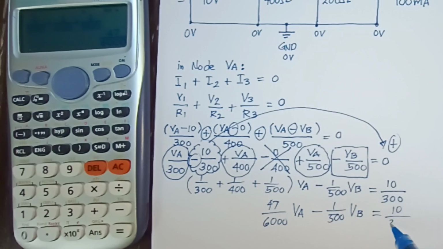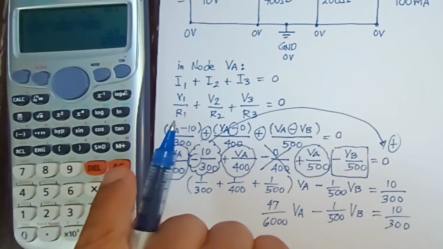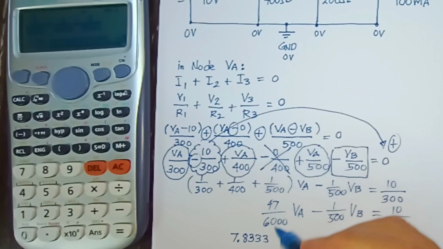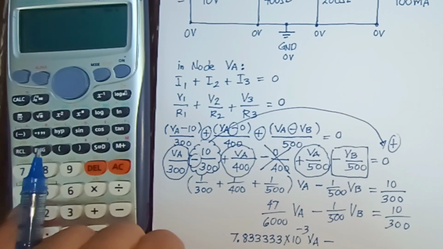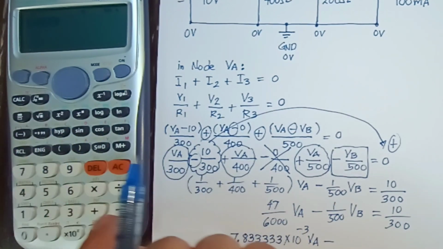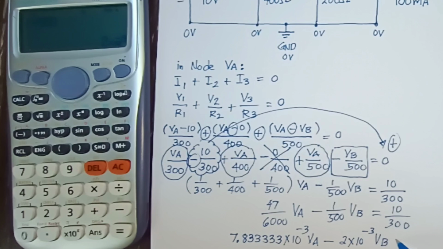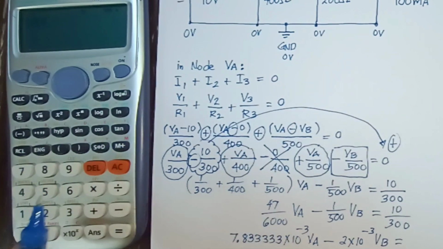You may also write your answer not as a fraction but as a decimal number of 7.8333 times 10 to the minus 3 VA, to 6 decimal places, minus, let's divide 1 over 500. What would that be? And we will have an answer of 2 times 10 to the minus 3 VB.